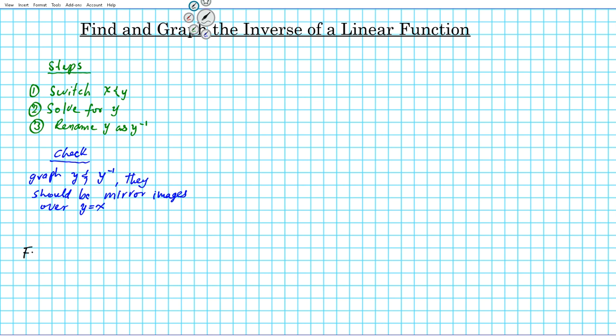Instructions are to find the inverse and verify your results by graphing.